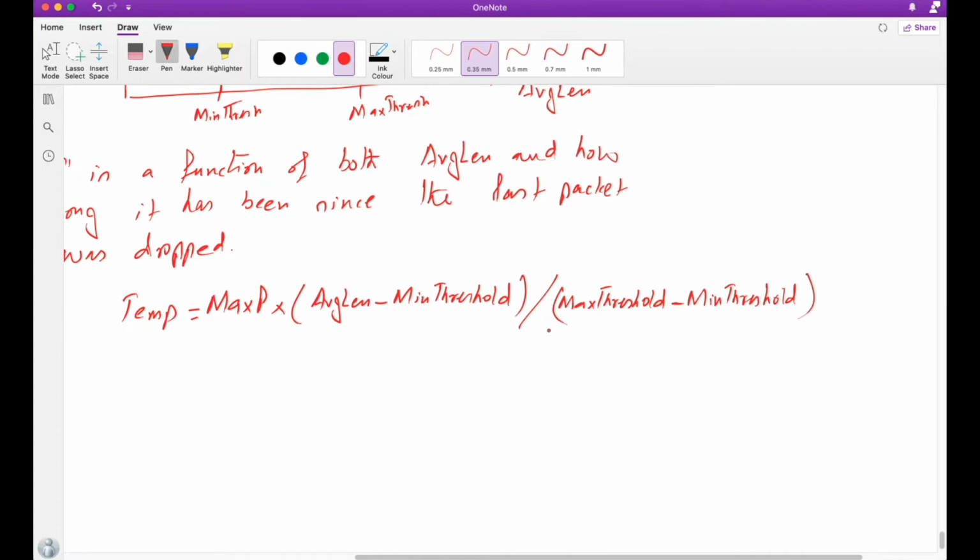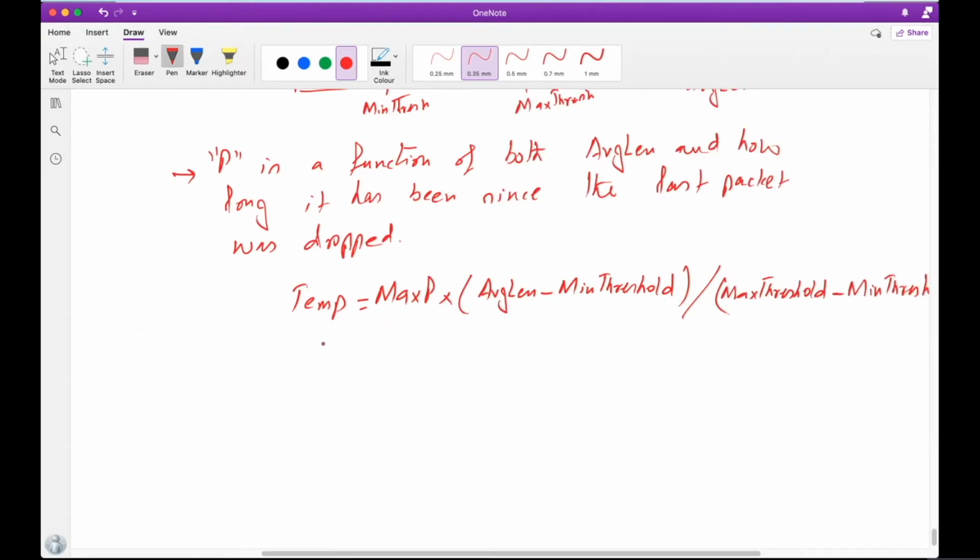Right, and then this TempP is used to calculate the drop probability p. So p is equal to TempP divided by 1 minus count times TempP.